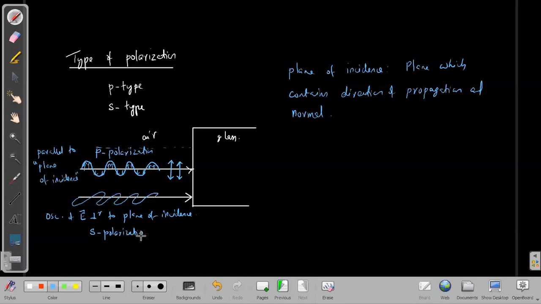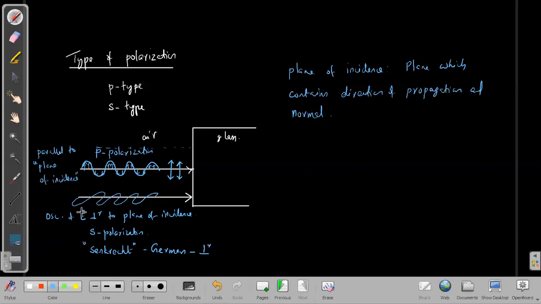You can ask that, because S comes from this word, Senkrecht, a German word which means perpendicular.